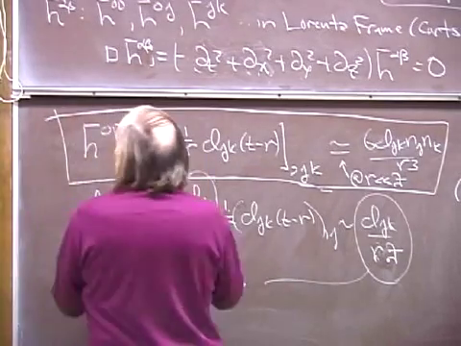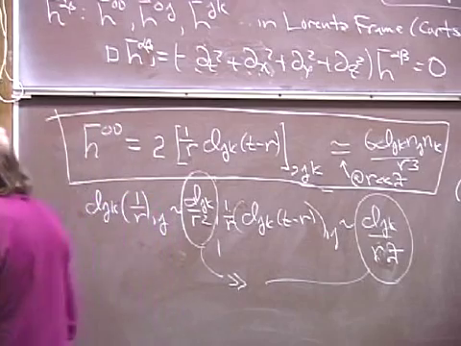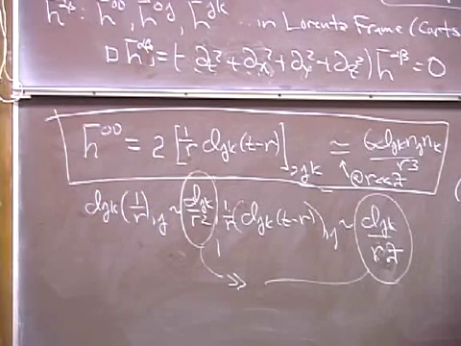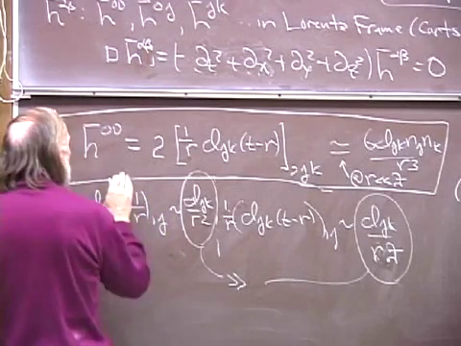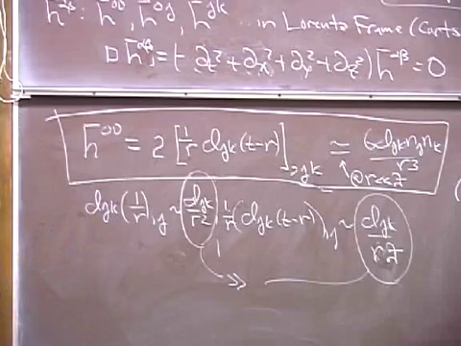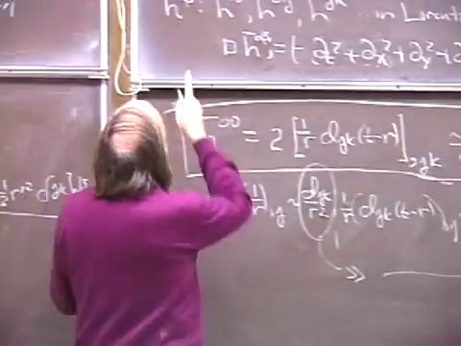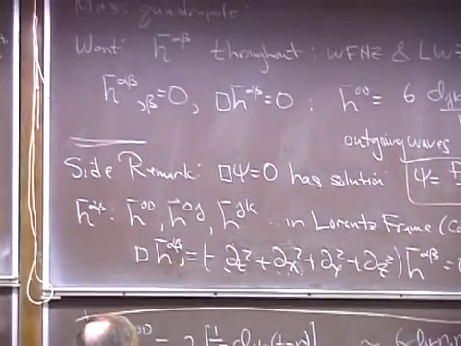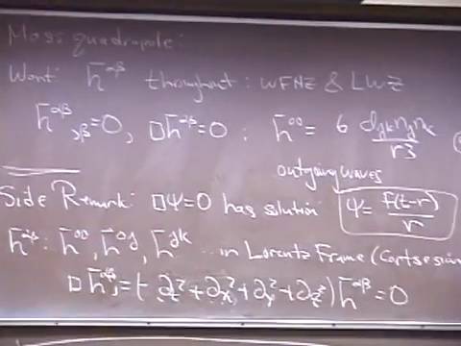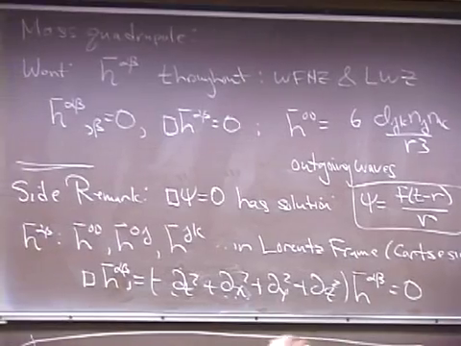So we now have a form that is valid for h bar 0,0 throughout the local wave zone and the weak field near zone. We now need to get expressions for the other components, h bar 0j and h bar jk.